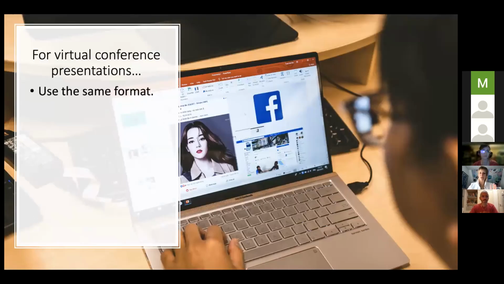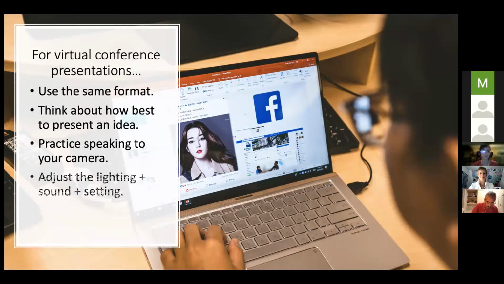All right, so I'm just going to go through, because I want to get you to some examples, some thoughts for giving a presentation virtually. I think this is going to be more common. So you're listening to me all the way from the US giving you a presentation today, but this is going to be more common, and it might be more common for you to present your research this way, okay?